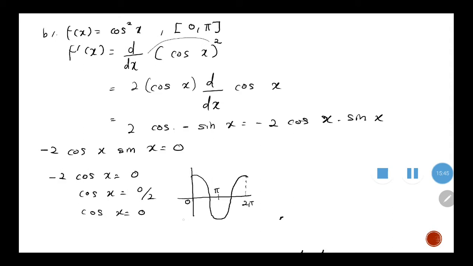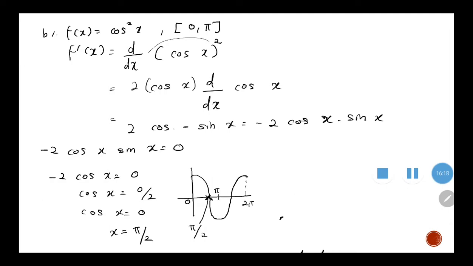At what point do you think? At what point, guys? The value of cos x becomes 0 at this point, right? So this point is pi over 2. So x is pi over 2.